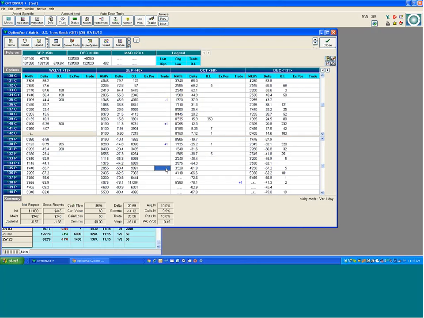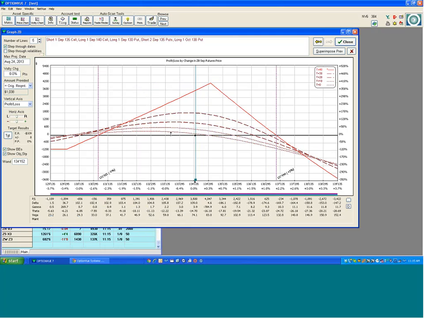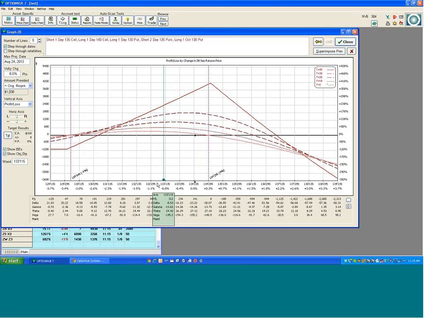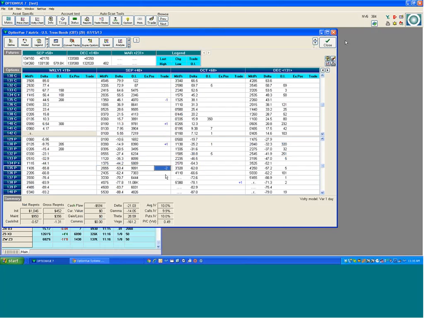This is still a diagonal calendar put spread, and let's take a look at what that looks like. Now with the market down here, we are much closer to neutral. We still have a quite large negative Vega factor, however. That really didn't help us with our volatility. So what is that telling us? It's telling us that we need to choose our strikes a little bit better.